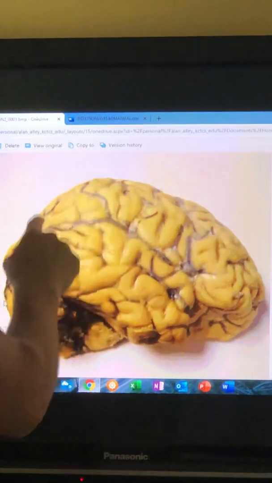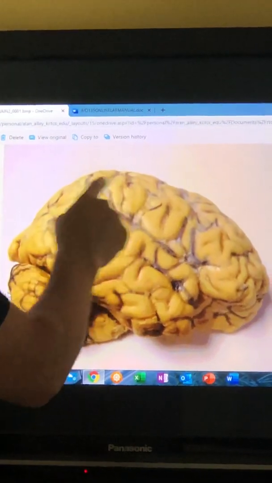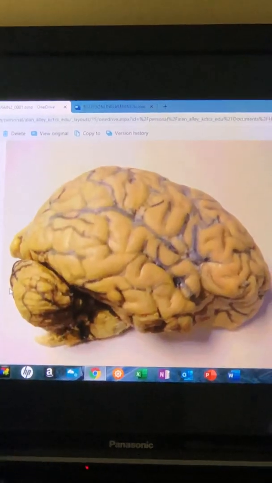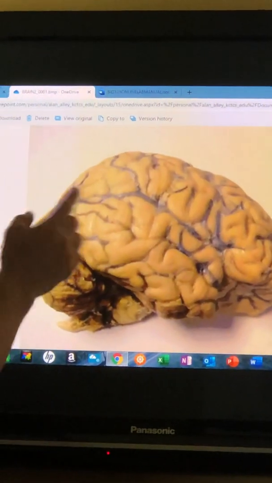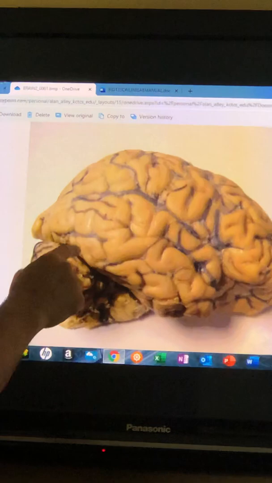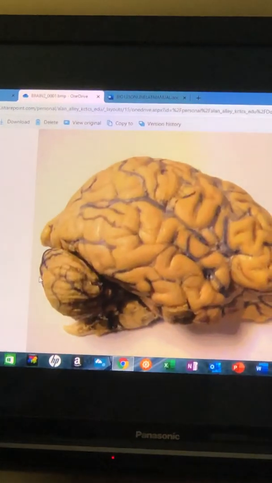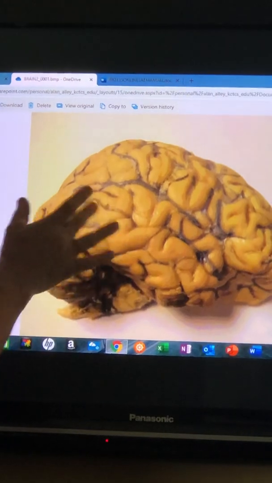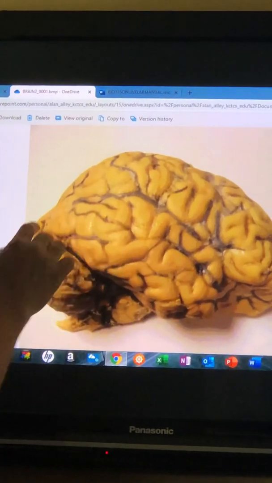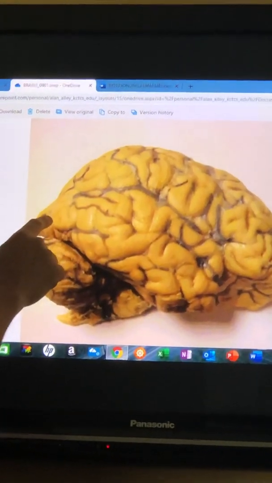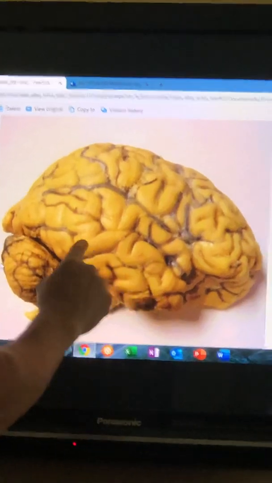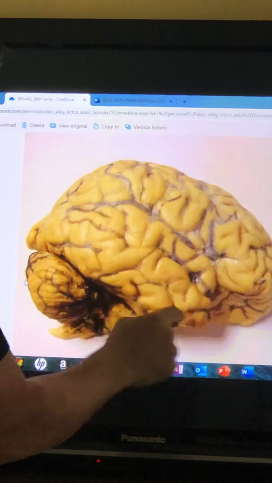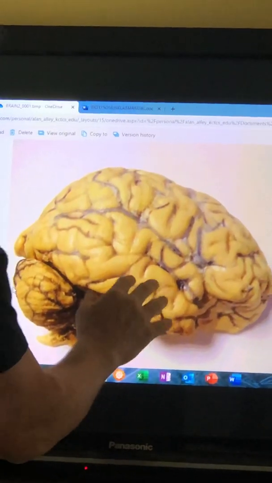The occipital lobe, remember your occipital bone was in the back of the skull, is approximately in this area, and I would put the A back here at the extreme. And then your temporal lobe is everything that is left over, which is approximately right here.